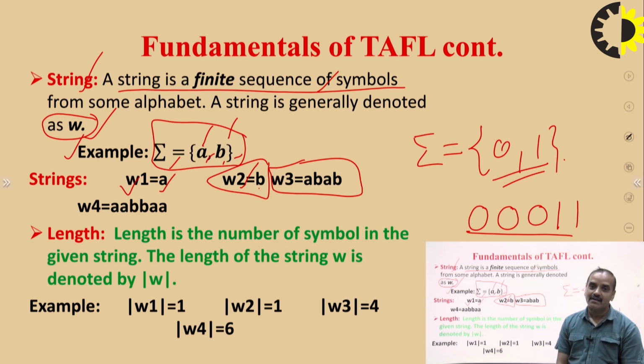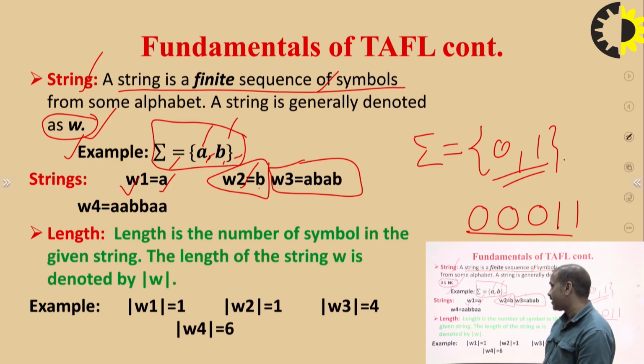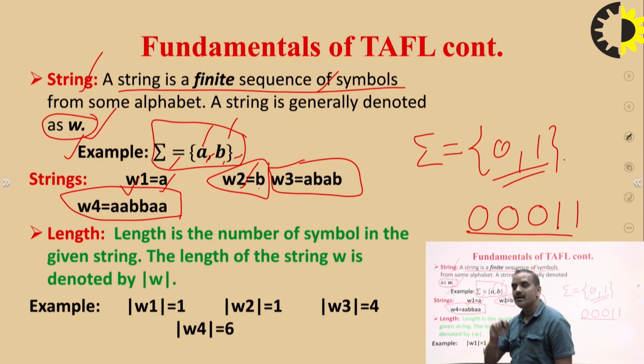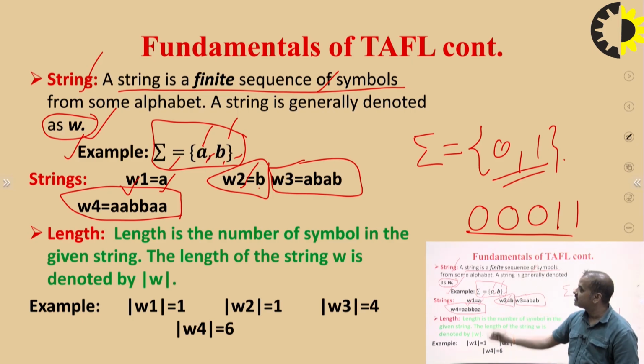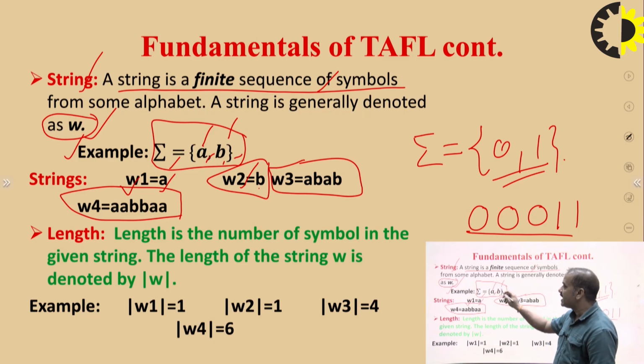We always take a string with fixed length. We don't consider a string whose length is infinite. So here W4 is AABBAA. This is a string which is derived from the input A and B.